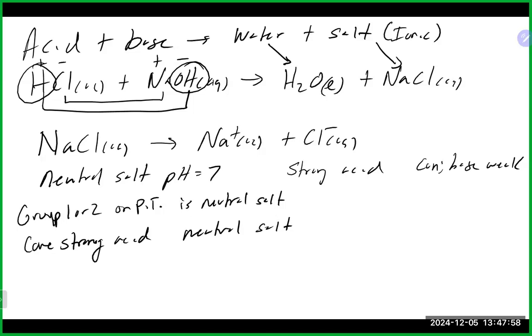But if we have a salt that comes from, say, a weak acid, like if we have acetic acid and sodium hydroxide, again, going to do a double displacement reaction here.